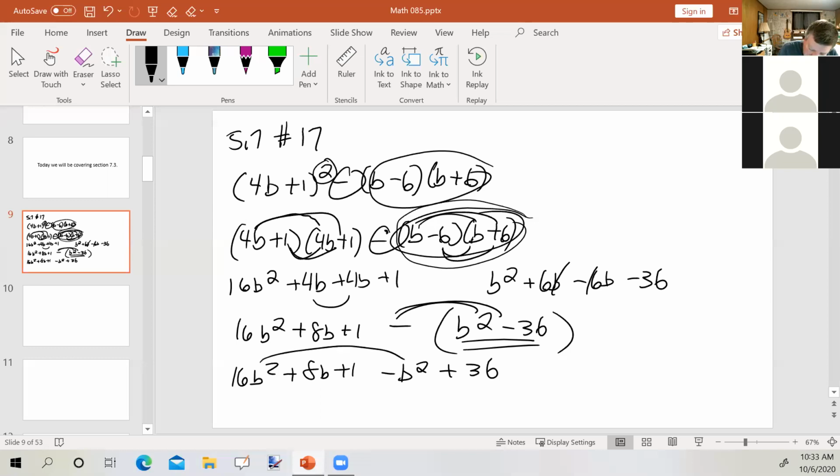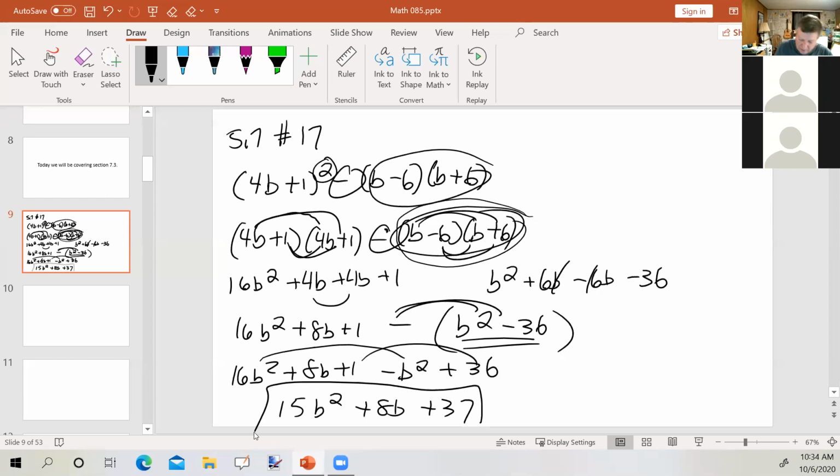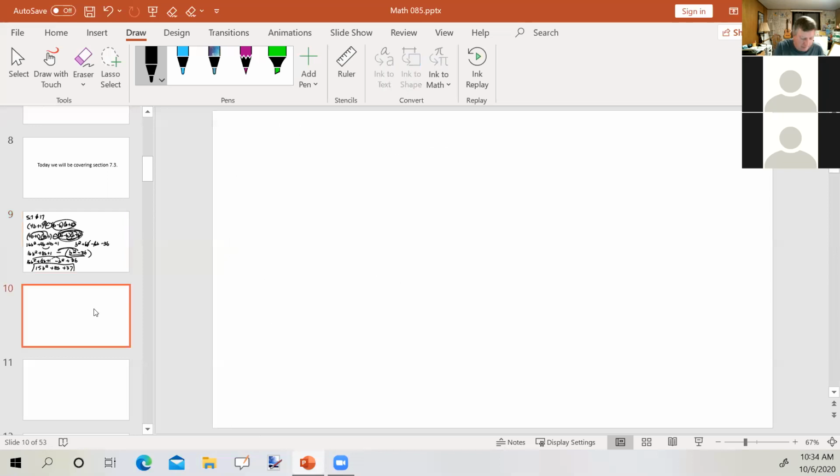Combining like terms, we get 15b squared plus 8b plus 37. Any questions about that? All right. Any other questions that you have from yesterday?